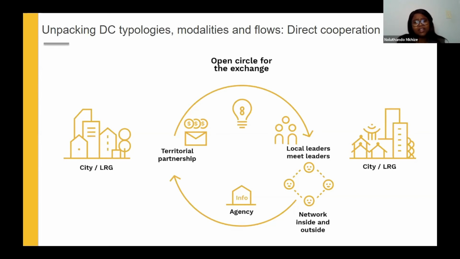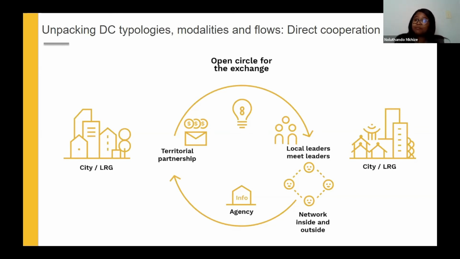So when we have a look at the local government agencies for international cooperation, this modality strengthens operational capacity through peer-to-peer learning. So it ensures more effective public policies and fosters innovation based on local knowledge. And last but not least, we will cover the network modality.